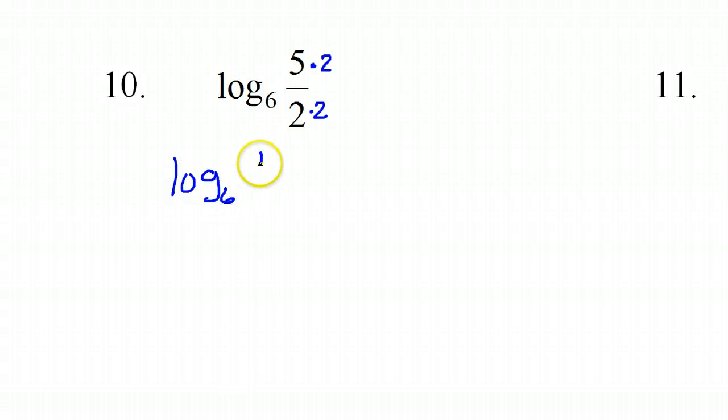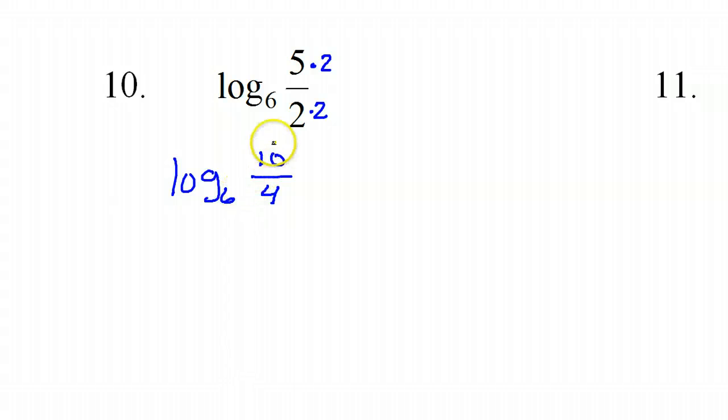All right, remember we want 4s and 10s, if possible. But here I have this 5 and 2. I would recommend multiplying this fraction by 2 over 2, because that wouldn't really change anything. So if I multiply both of these by 2, this would be the same thing as log base 6 of 10 over 4.